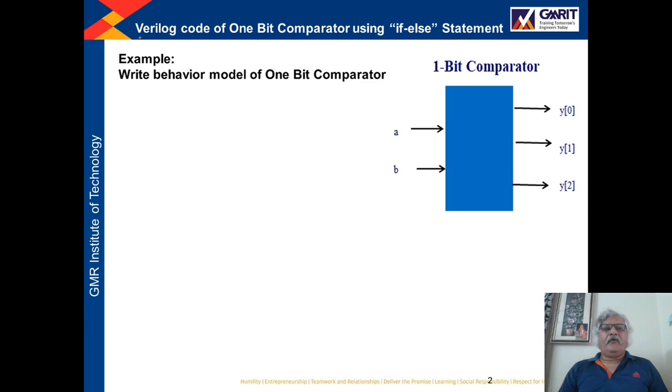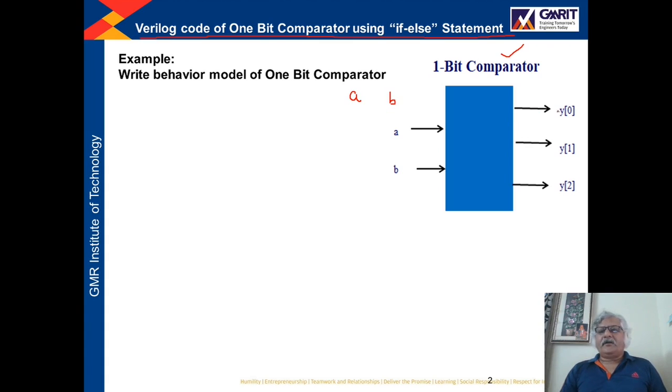So now, the Verilog code of a 1-bit comparator using an if-else statement. This is the block diagram of the 1-bit comparator. It compares two single-bit numbers, A and B. A and B are two single-bit numbers, so the comparison of these numbers will be done by this comparator.